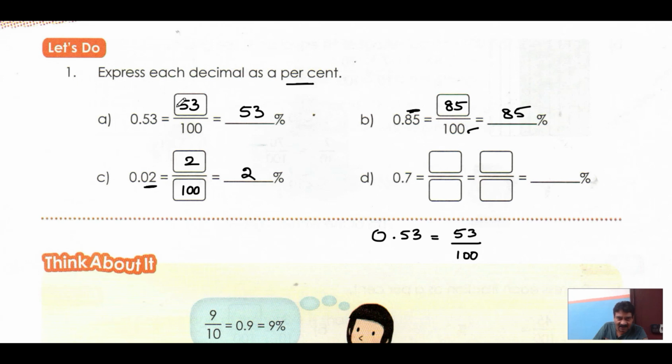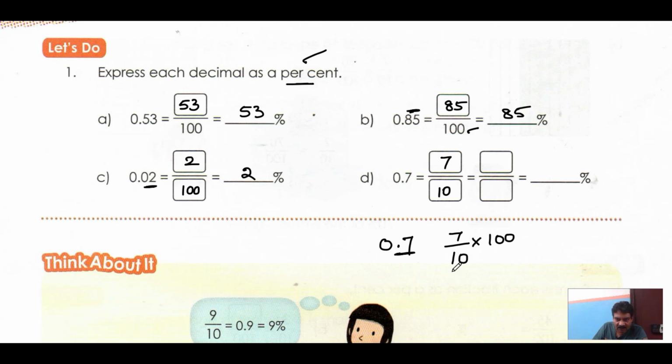Now consider this. I'll just explain the question D here. 0.7. So here you have a decimal before one digit itself, so it is going to be your 7 by 10, right? But you have to convert into a percent. So 7 by 10, if you multiply with 100, as I told you, whatever fraction is there, you multiply with 100.